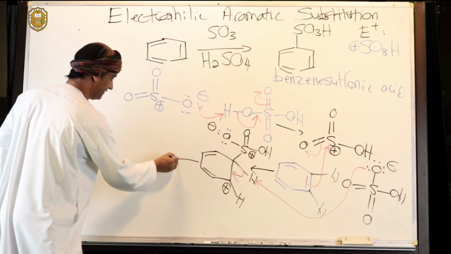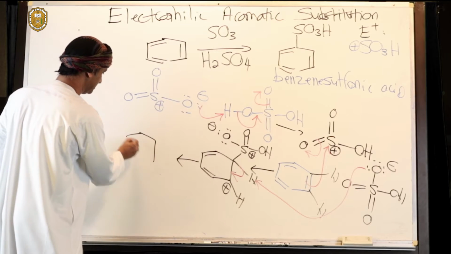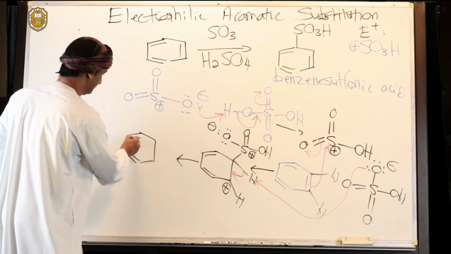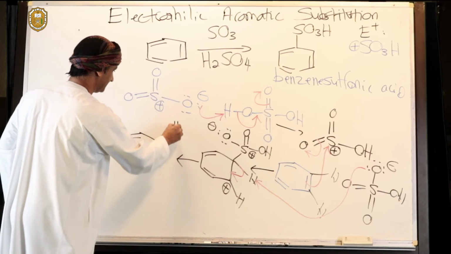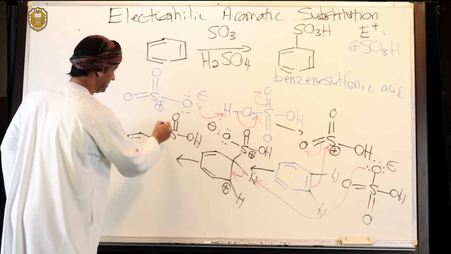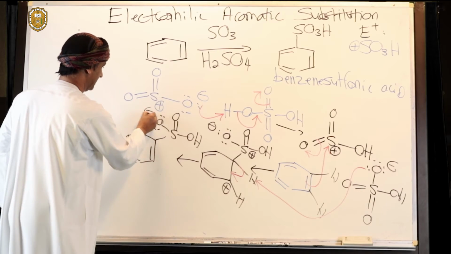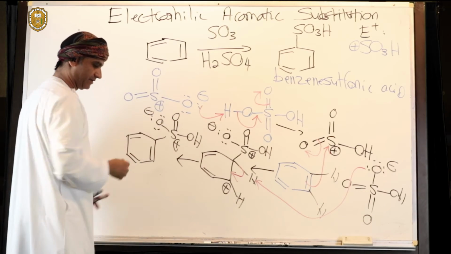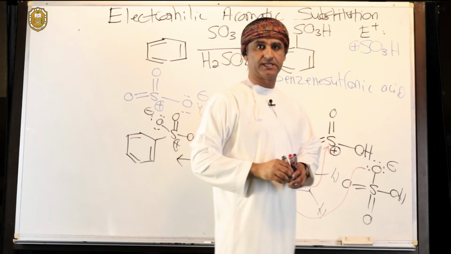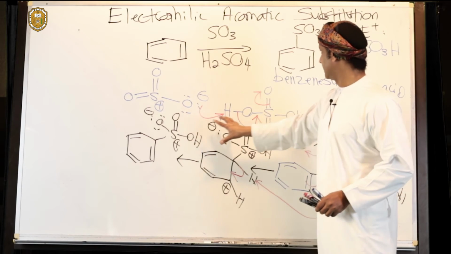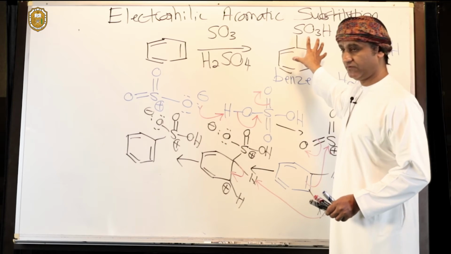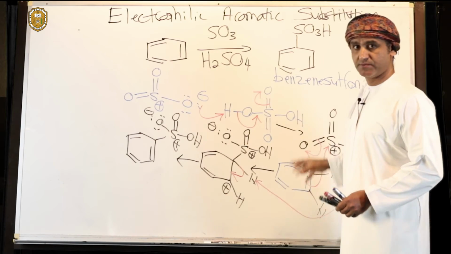Now this gives the final benzene sulfonic acid product, which is this one here. Of course, another resonance form can be drawn on benzene sulfonic acid. This is benzene sulfonic acid, and this is how it's formed mechanistically.